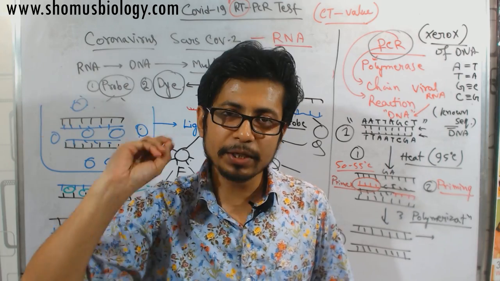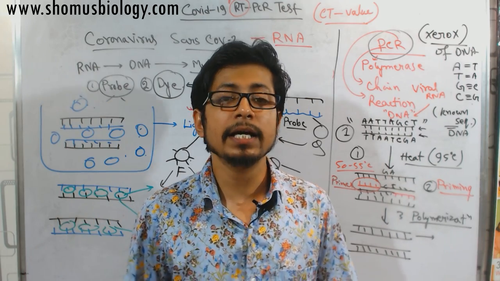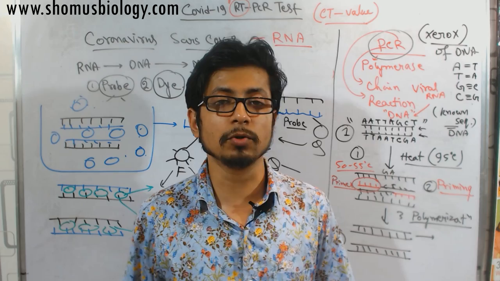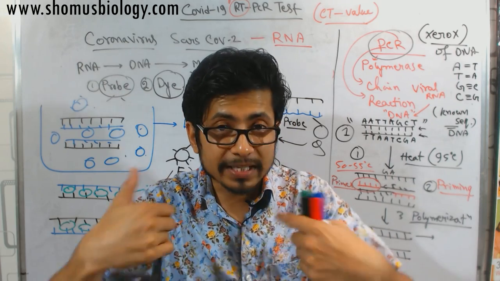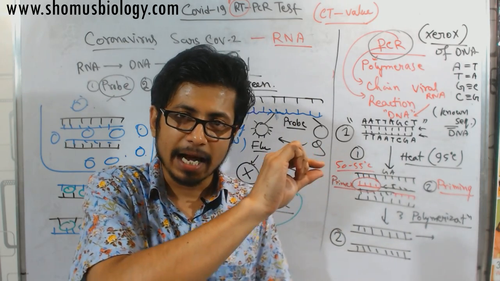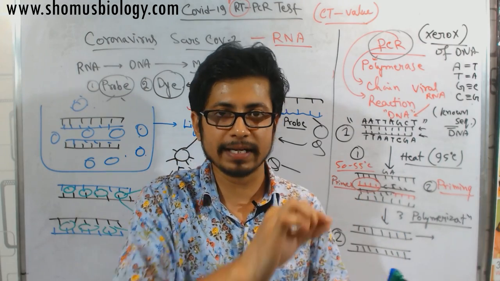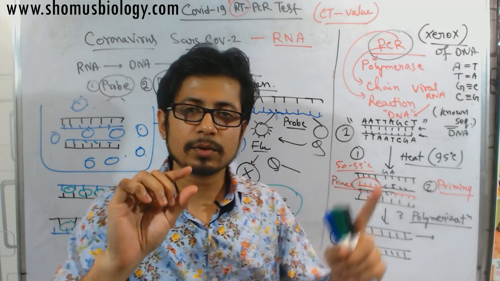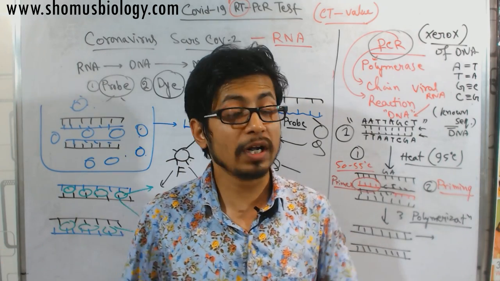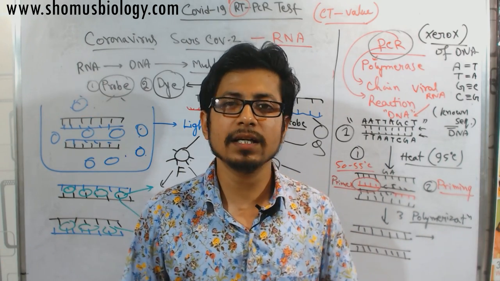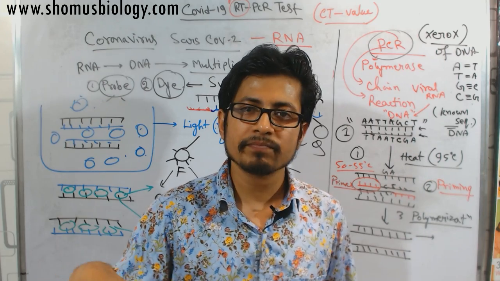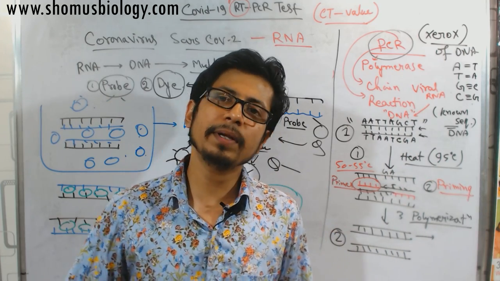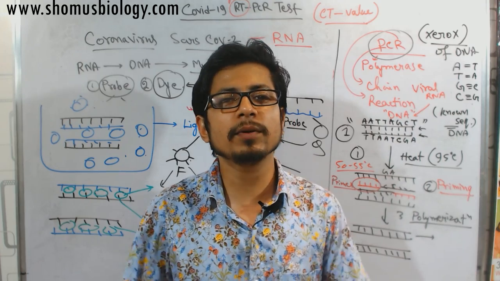So whatever new form of the coronavirus is coming in, the very first thing that researchers need to do is to sequence it. Sequencing RNA means knowing what exact nucleotides are present in the RNA. Once you know that, we can design a primer according to it. Once we design the primer, we will add that primer and the reaction will work like a charm.